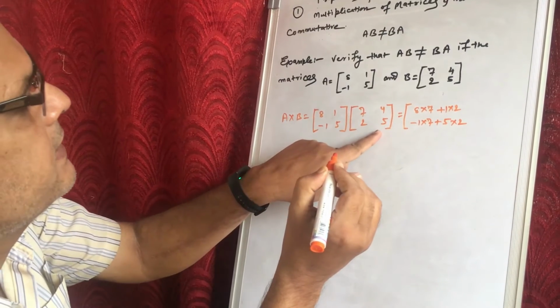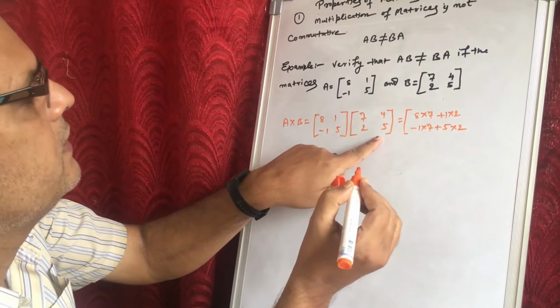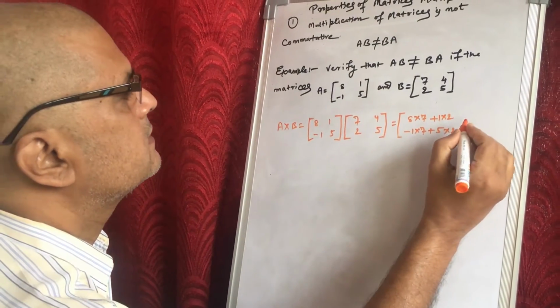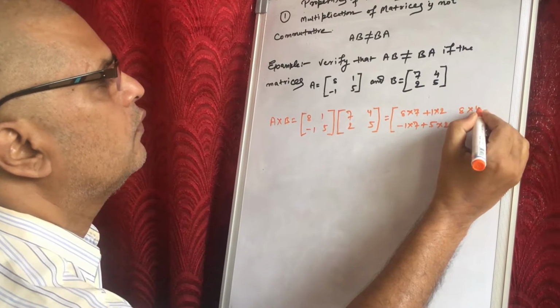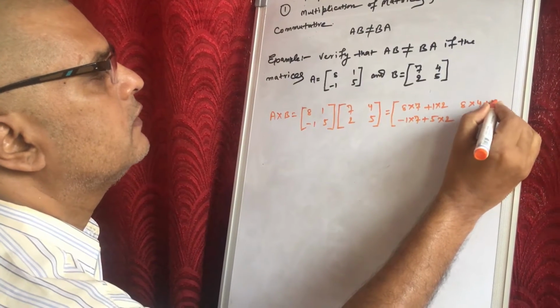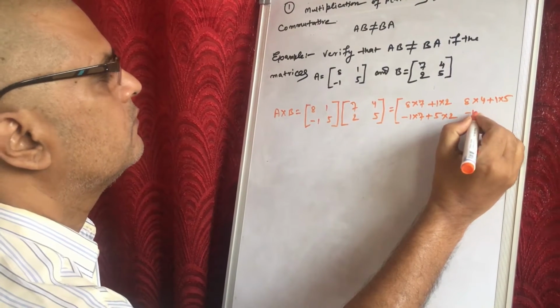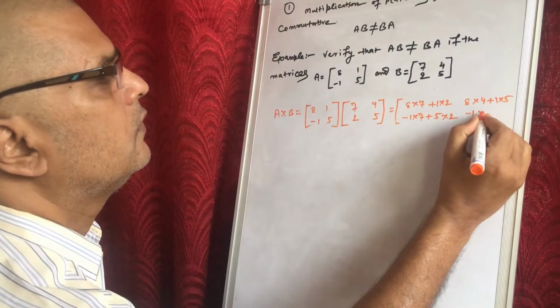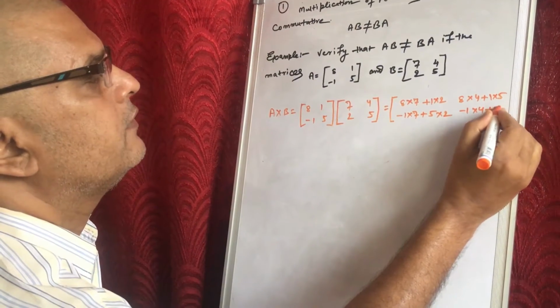Now taking the second column of B, it will be like this: 8 into 4 plus 1 into 5, minus 1 into 4 plus 5 into 5.